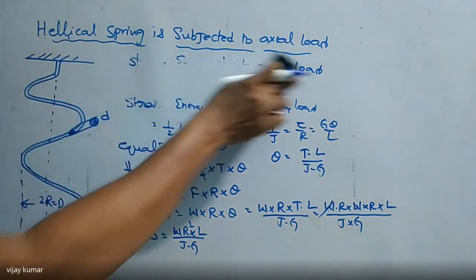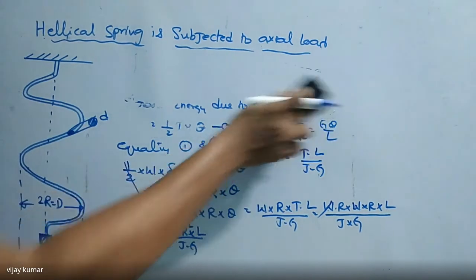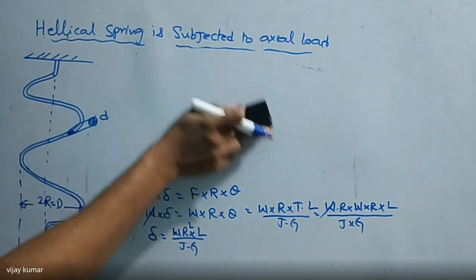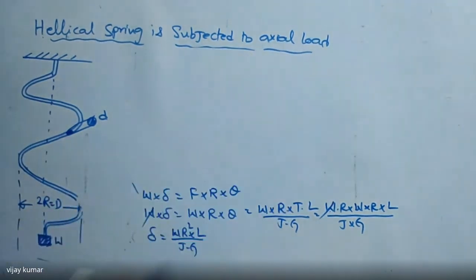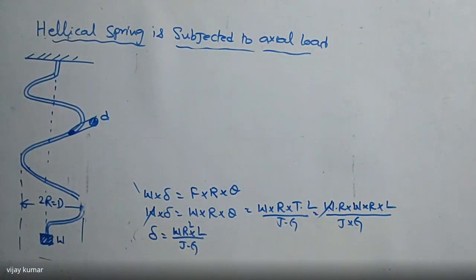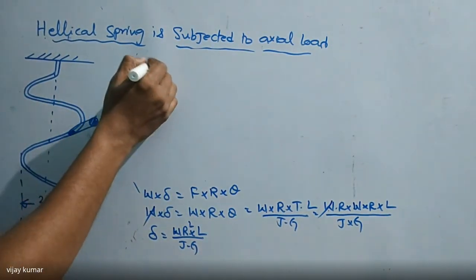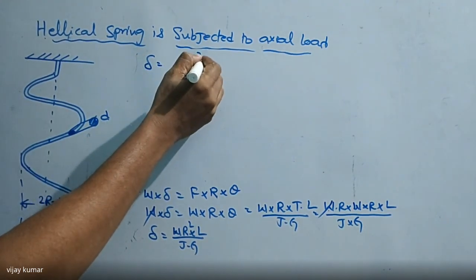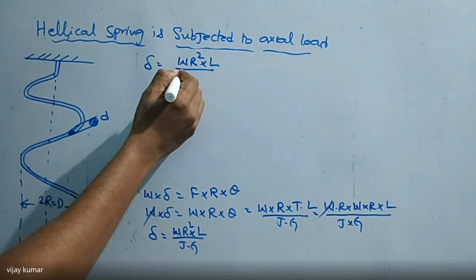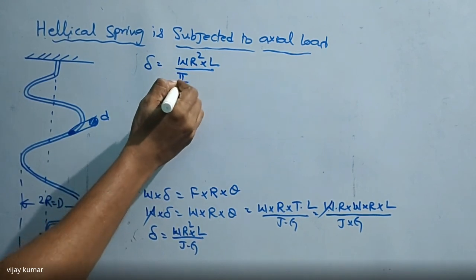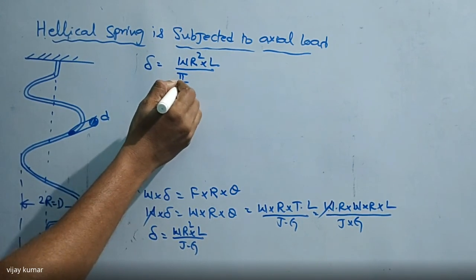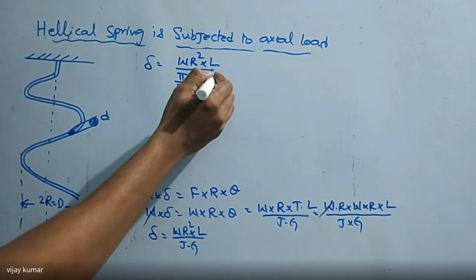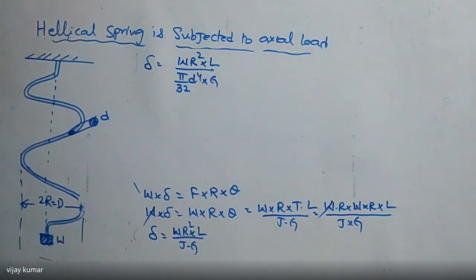Now I'm going to rewrite this equation. Listen carefully here. Delta is equal to W into R square into L divided by J into G, where J is pi by 32 into small d power 4. Now what is L here?